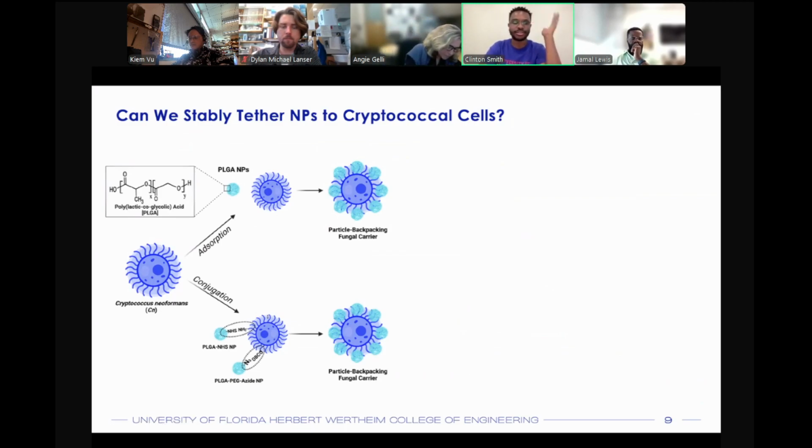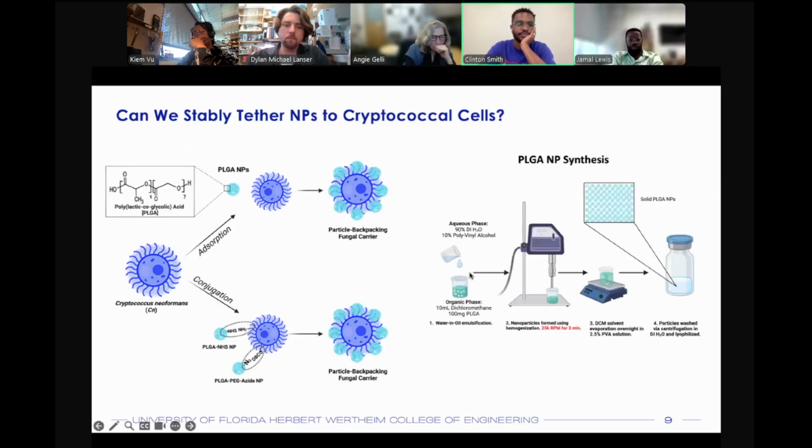You can engineer it to perform in any sort of capacity by simply adjusting the ratio of the 2 different monomers or the molecular weight, and even introducing other moieties that would make it more sensitive to drug release. With this approach, we tried simply sticking the nanoparticles on by adsorption, using intermolecular forces. We also looked at establishing a covalent bond between the nanoparticle and the CN surface to yield these particle backpacking fungal carriers.